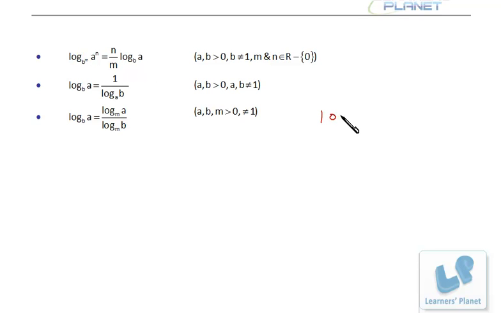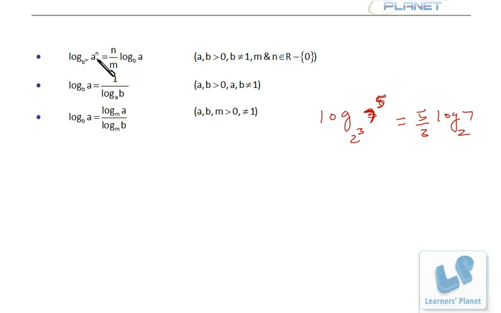I put up an example. Suppose the base is 2 cube and index is 3 raised to 5, to avoid confusion. All the numbers are different from each other, or I write say 7 raised to 5, okay? So all the numbers are different from each other. So that's 5 by 3 log 7 to the base 2, right?